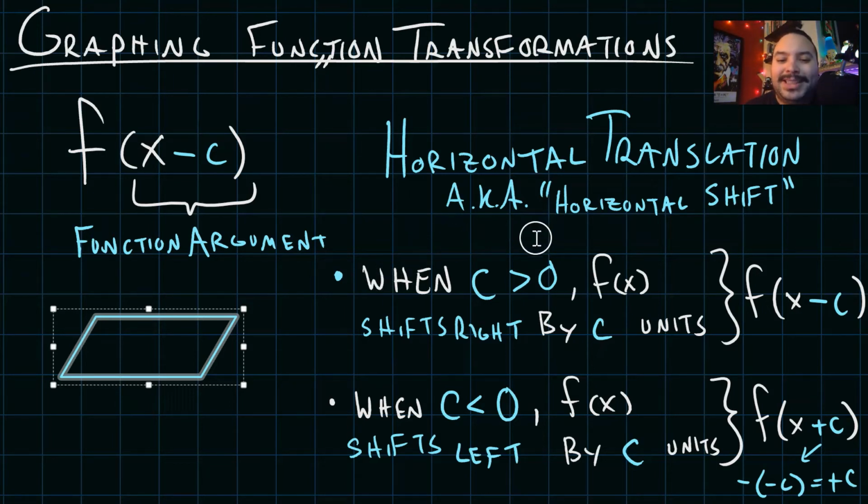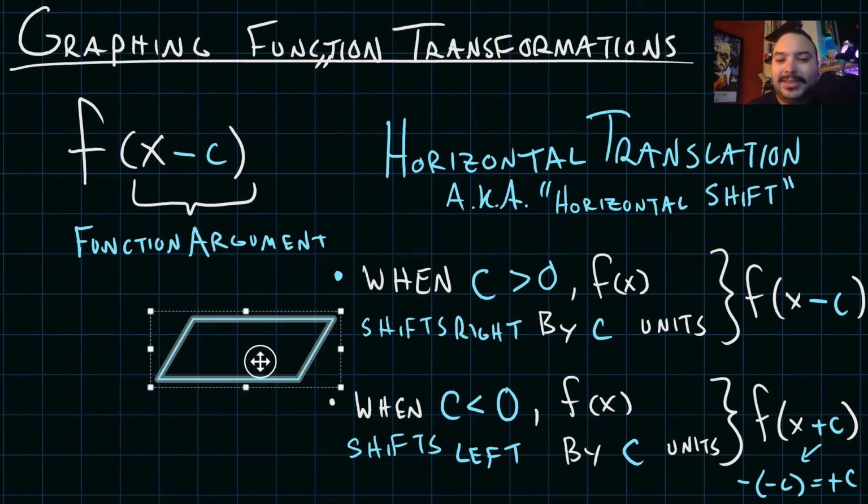So when c is greater than 0, f of x is going to shift towards the right. But because we have the minus c here, when c is positive, you will see f of x minus some number, even though there is a subtraction there, since you're subtracting c, that positive value.